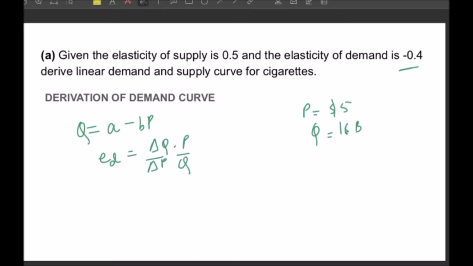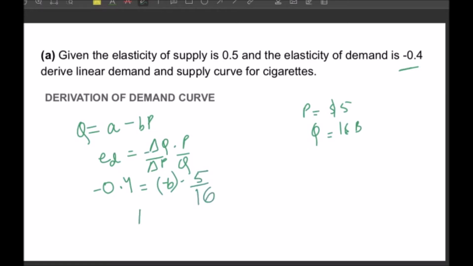So let's substitute the values that we are given here. Minus 0.4 is equal to, this is the slope of the demand curve, so we can write it as B. That is, it is negative, so we'll take it as minus B into P, we are given 5 and quantity is 16.